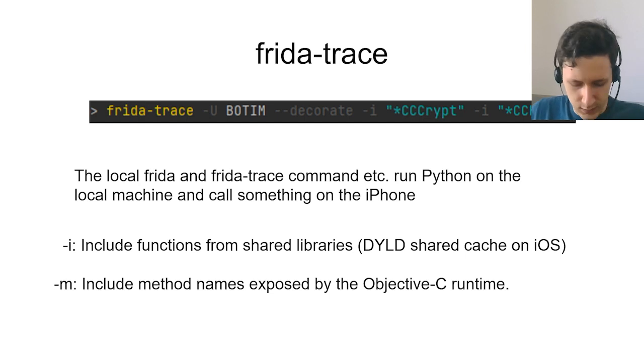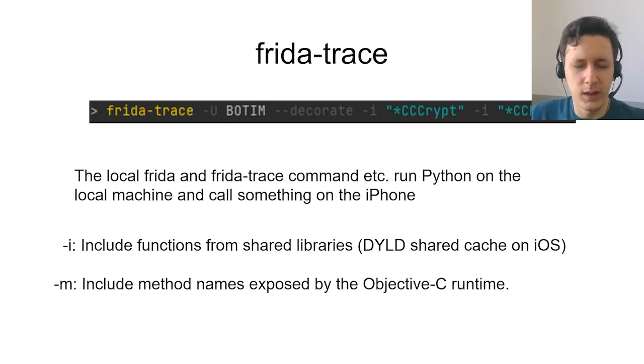Frida trace is not something that we were able to use in Android because of Java compatibility, but in iOS it's freely available and really powerful. Most of the local Frida and Frida trace commands will run Python on the local machine and call something on an iPhone while creating a separate thread for tracing the application.